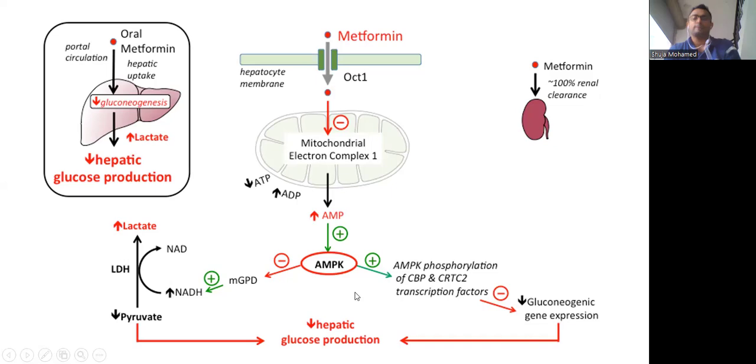It's a complex pathway. You don't need to remember everything. But metformin, via increasing AMP level, increases AMPK, and that AMPK, via transcription factor formation and gene expression pathways, reduces glucose production in the hepatocytes.